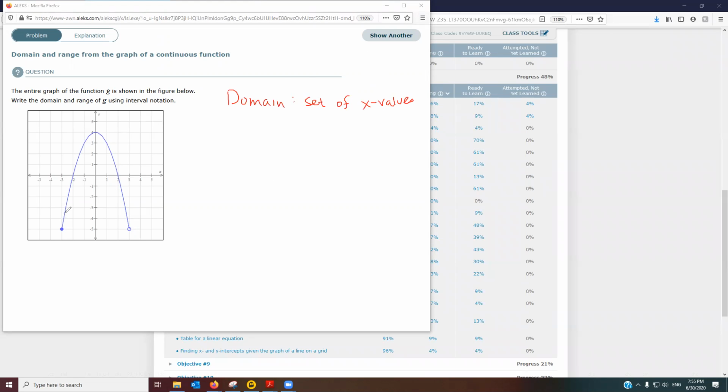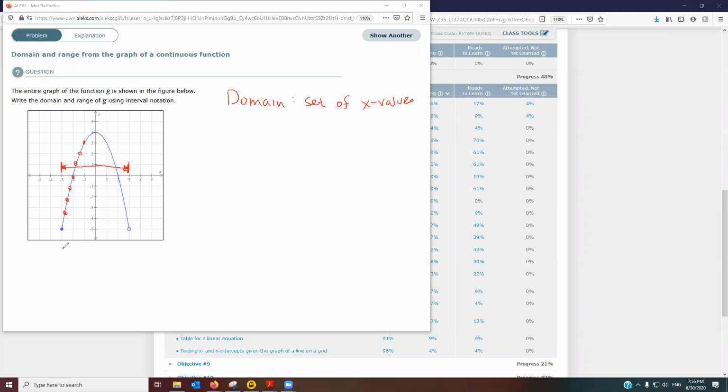So imagine you were thinking about all the x values on this graph. One way to imagine that is to put a ruler down on the x-axis and ask yourself, how far does the graph extend on the x-axis?